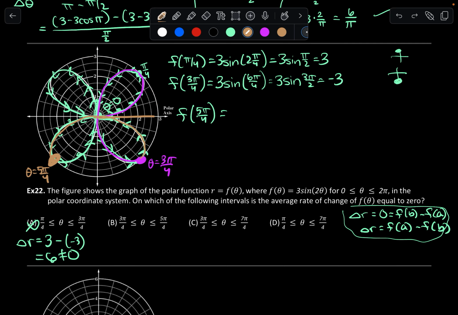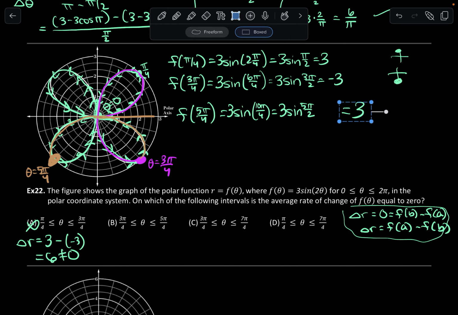If you understand your orientation, you can already see that this is going to be positive 3. However, if you need that justification for yourself, go ahead and plug it in. So I have 3 sine of 2 times 5 pi over 4, which is 10 pi over 4, which reduces to 5 pi over 2.